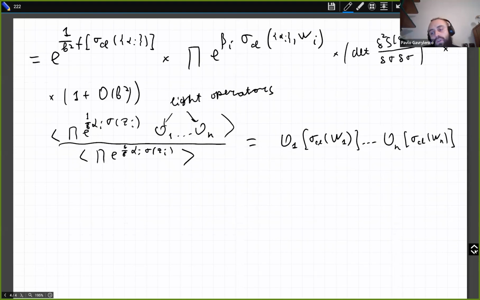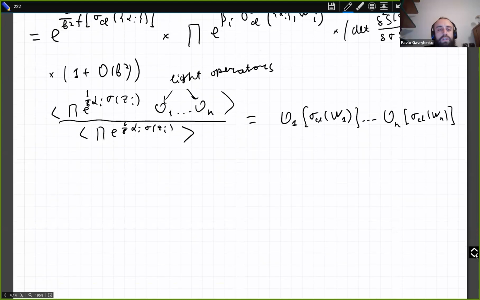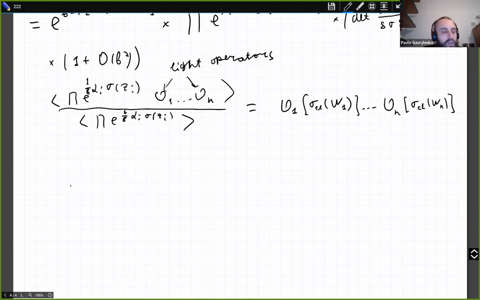So now we can also think about it this way. When we compute this partition function, this is some integral over. We know that any correlator in CFT can be expressed in terms of conformal blocks.